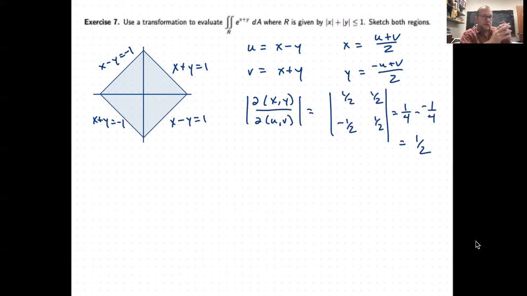And with the interpretation that the Jacobian tells you how much a region is stretched, that would suggest that you are taking a region that has area and turning it into a region that has 0 area. And that would be a problem. So if you drop a minus here and get a 0 Jacobian, you need to recognize that that's what happened and go back and find the error.